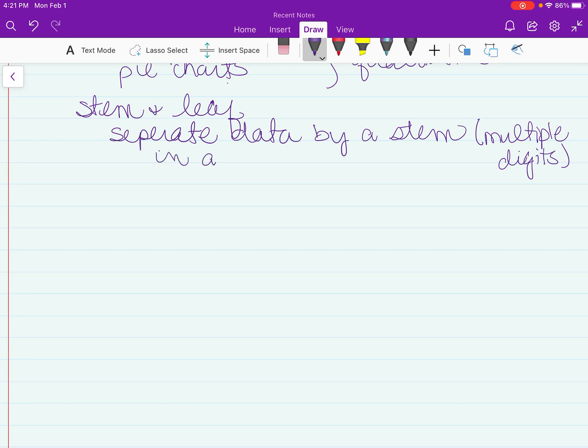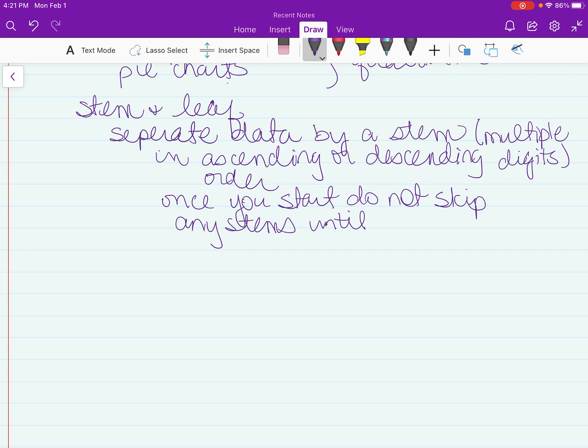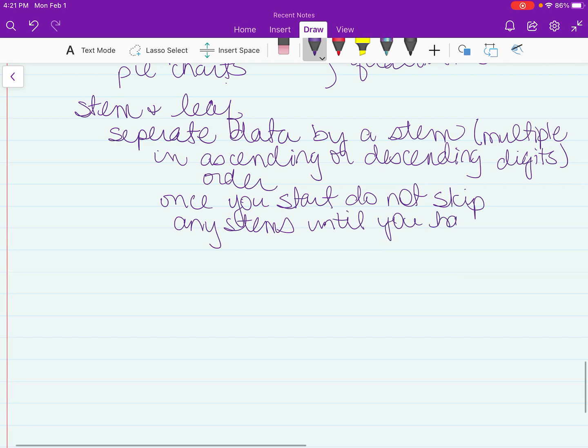These stems are in ascending or descending order. Once you start, do not skip any stems until you have reached the maximum.